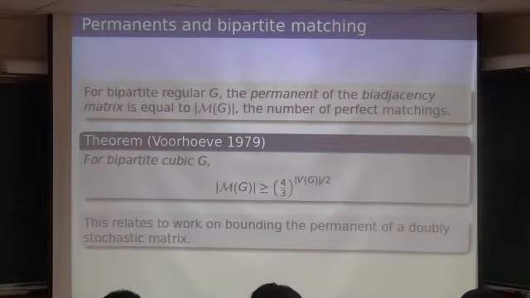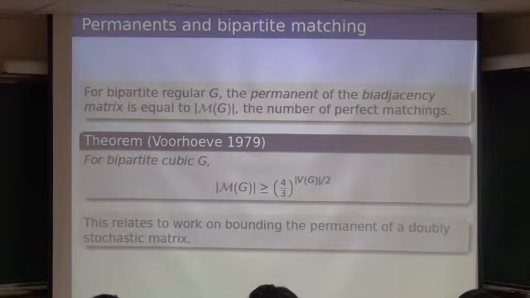So why were people interested in the number of perfect matchings in a graph? For the case of bipartite graphs, the number of perfect matchings is the same as the permanent of the biadjacency matrix. And a lot of people in the 70s were interested in investigating the difference between the permanent of a matrix and the determinant of a matrix.